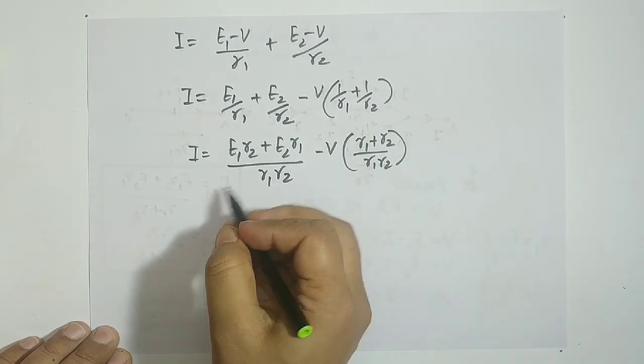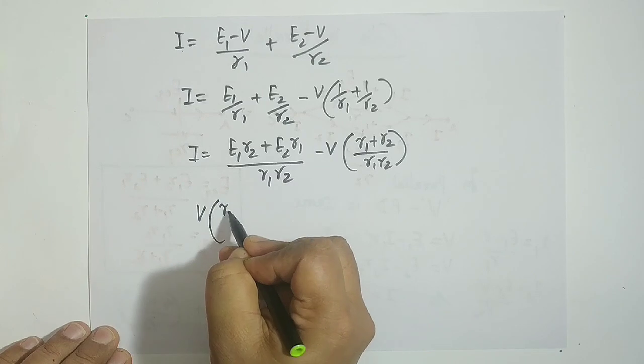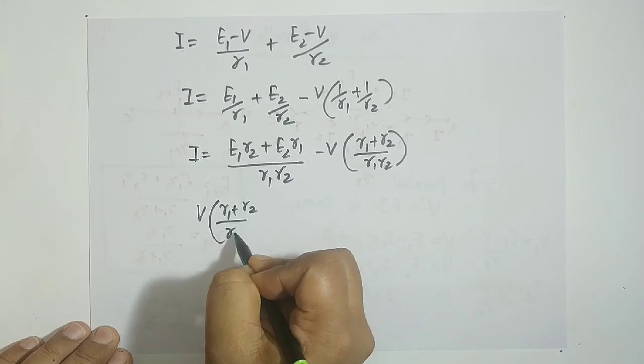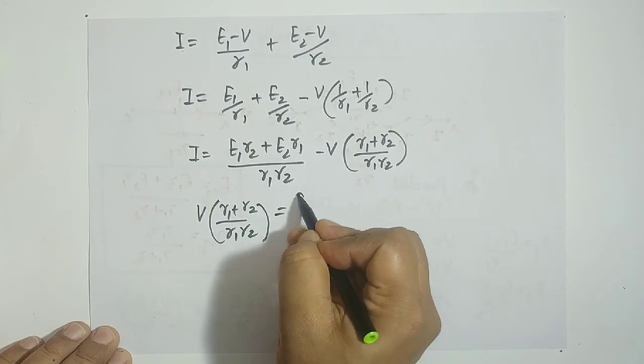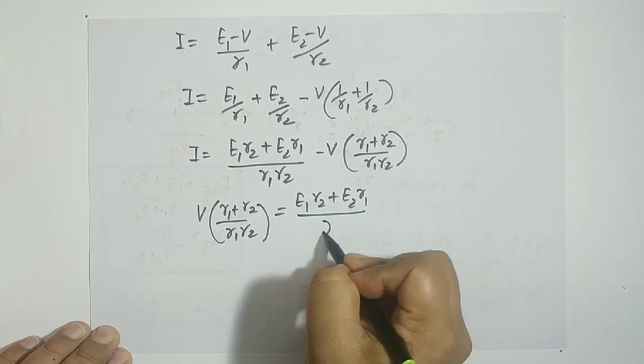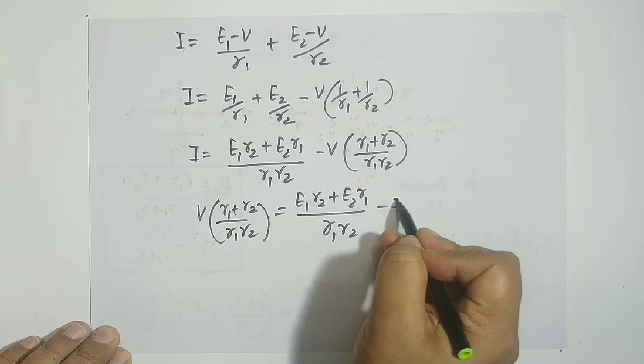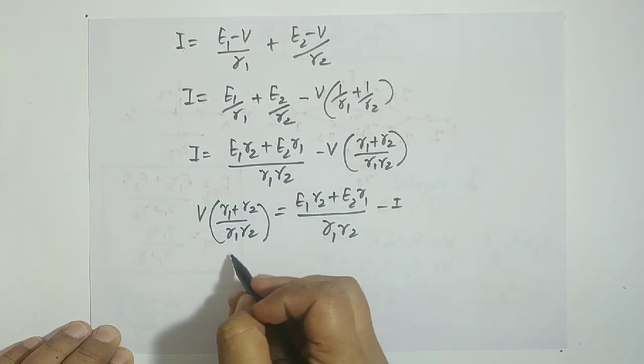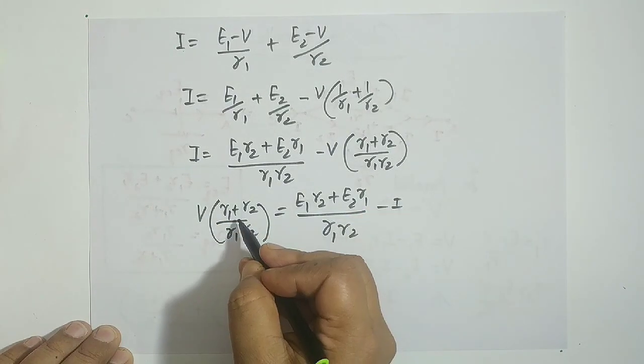Got it? Now we will take V on the other side, and we can write this as E1 R2 plus E2 R1 upon R1 R2 minus I, taking it on the other side.